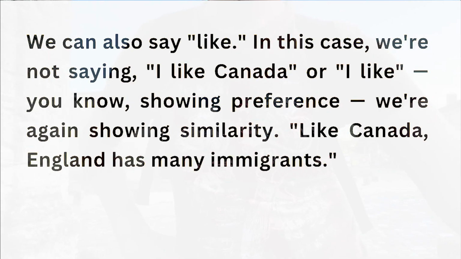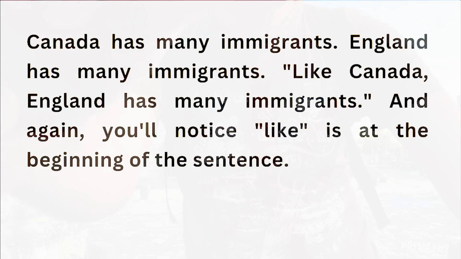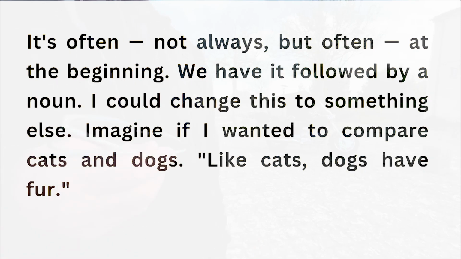We can also say like. In this case, we're not saying, I like Canada, showing preference, we're again showing similarity. Like Canada, England has many immigrants. Canada has many immigrants. England has many immigrants. Like Canada, England has many immigrants. And again, you'll notice like is at the beginning of the sentence. It's often, not always, but often at the beginning.